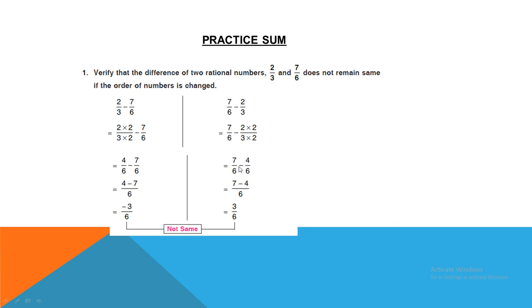So here we get 7 minus 4, one positive and the other negative number. We have to subtract them, but we'll take the sign of 7, that means the positive sign. So left side minus 3 by 6, right side 3 by 6. Both are not the same. So we see that the commutative property is not satisfied for rational numbers.